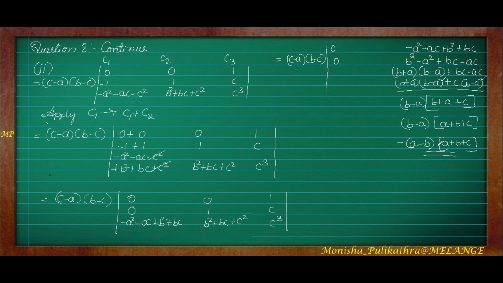Instead of this, what we have to write? Minus A minus B into A plus B plus C we need to write. Next, the rest of the things we need to write as it is. That is 0, 1, B square plus BC plus C square. And the last column also we need to write as it is, 1, C, C cube.